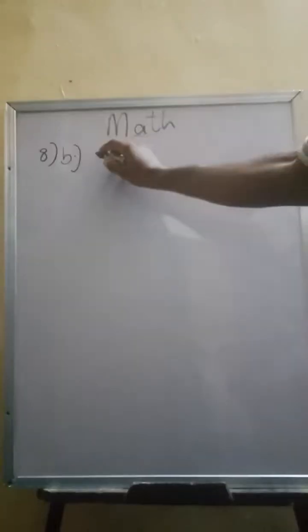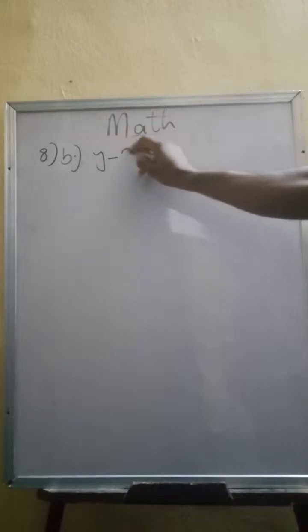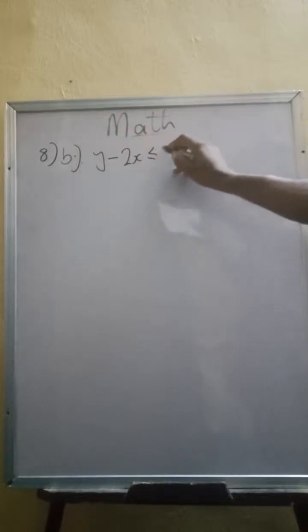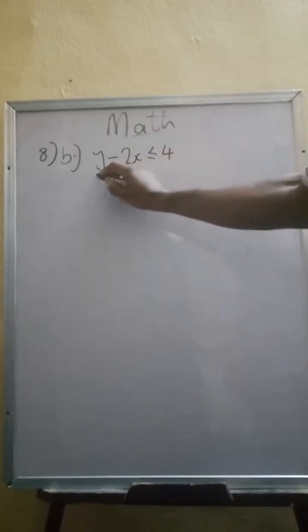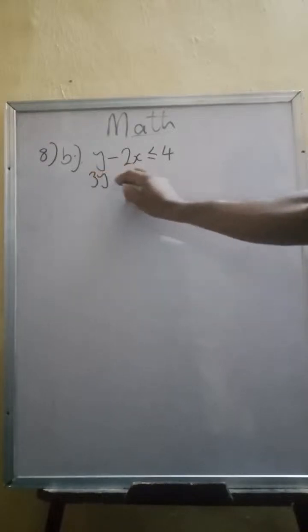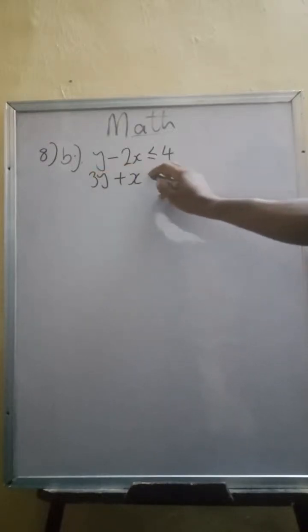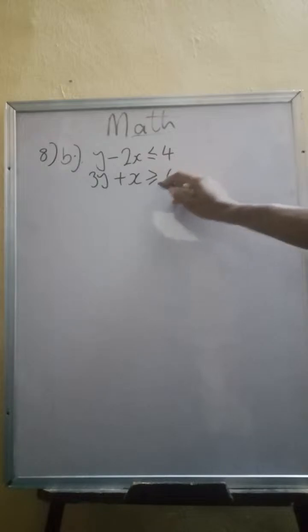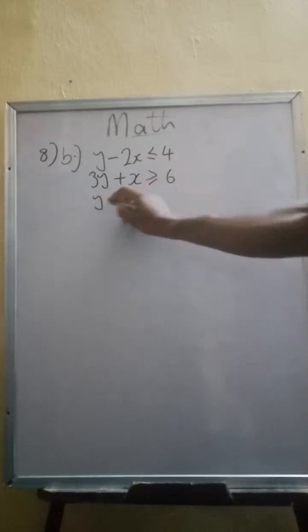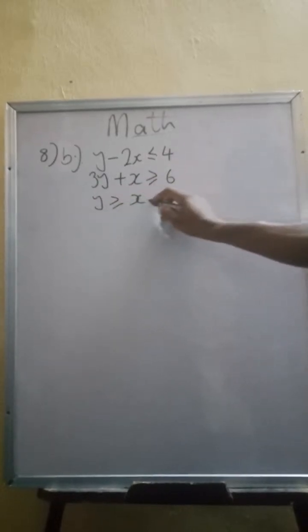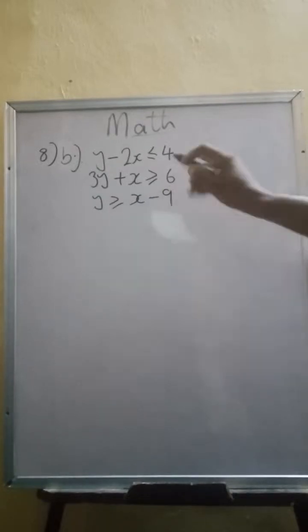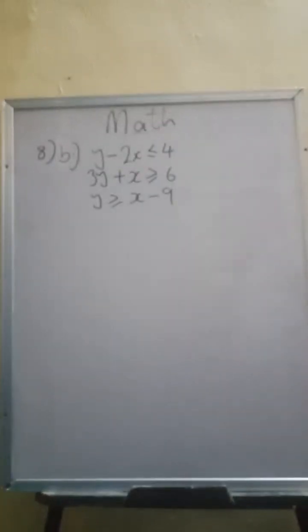The inequalities are y minus 2x less than or equal to 4. You have 3y plus x greater than or equal to 6. And you have y greater than or equal to x minus 9. Okay, so these are the 3 inequalities we'll be sorting out. We'll find the region that satisfies the 3 of them.